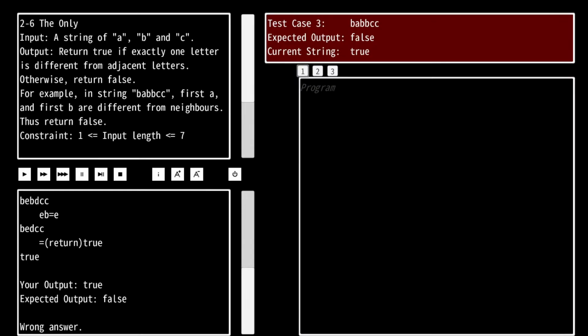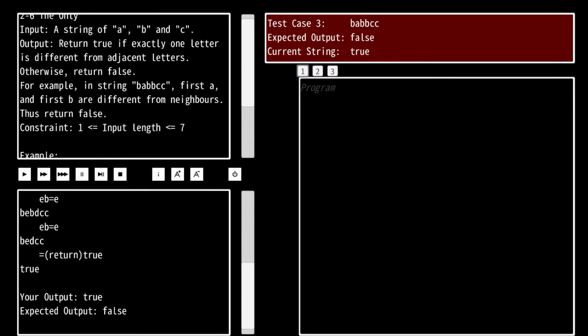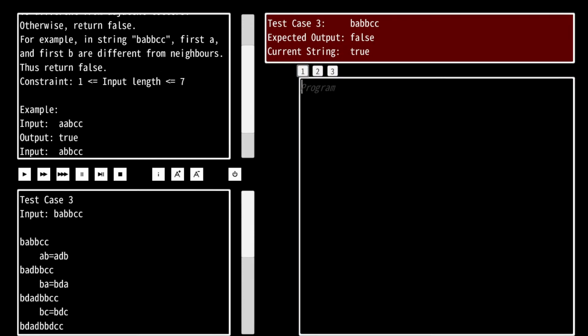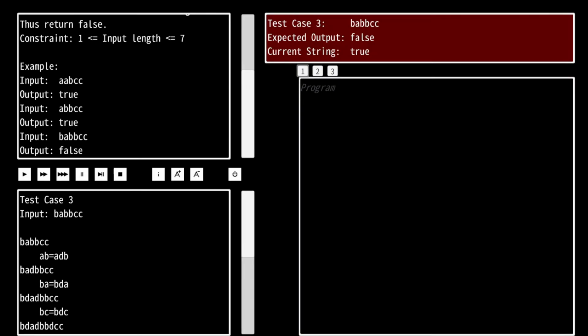So maybe I need to think about what sort of things do that. It's always in blocks of at least two, right? Everything has to be in blocks of two except for one letter, right? Two or more except for one letter.